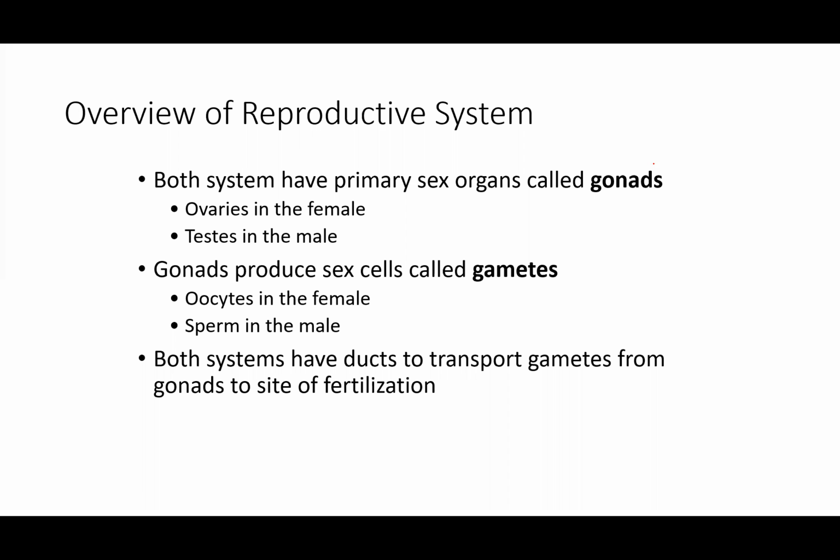Males and females have these things called gonads. They're considered the primary sex organs. In the female, they are called ovaries, and in the male, they are called testes.